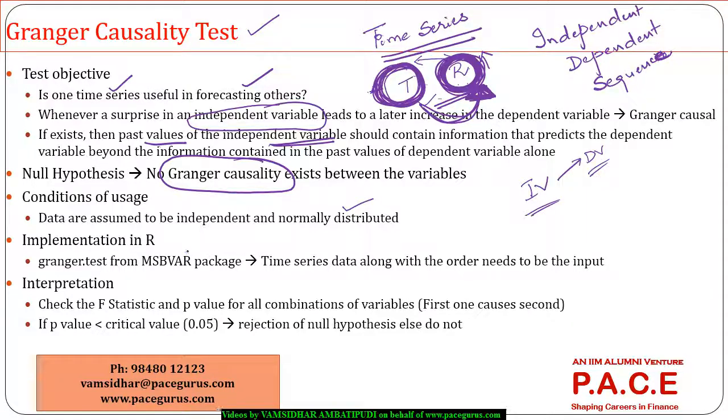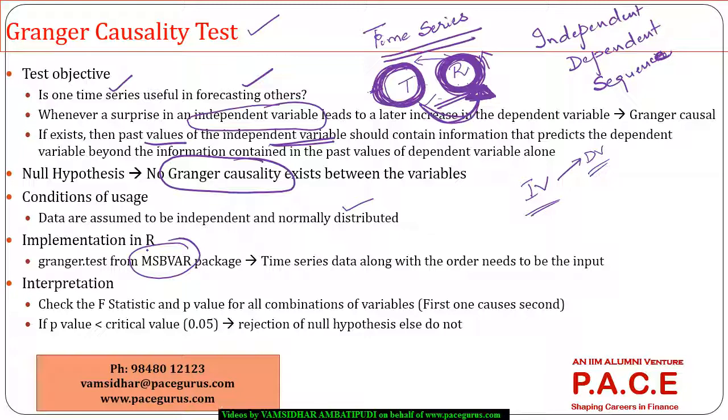So we are using the MSBVAR package here, and within that we are using granger.test. It should be time series data, right? And what order? Is it just one?